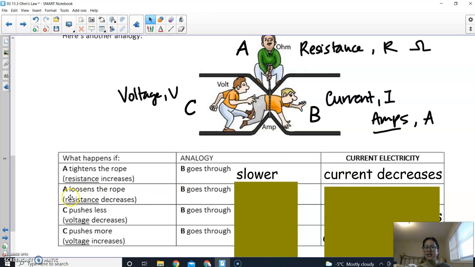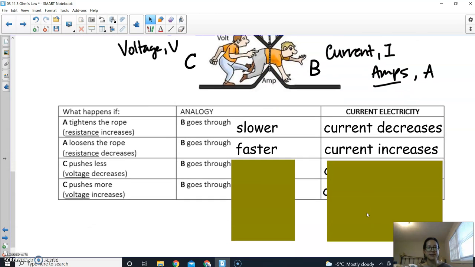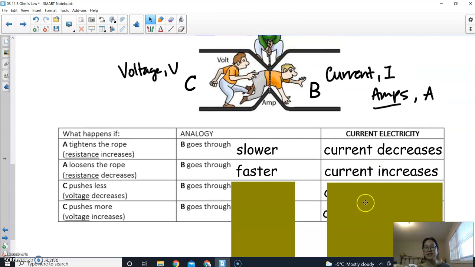What happens if A loosens the rope? That means the electrons will be very free to pass through, so they'll be passing through faster. And when current is passing through really fast, this means that current increases. What happens if, for example, at C, this person pushes less? That means that voltage decreases.